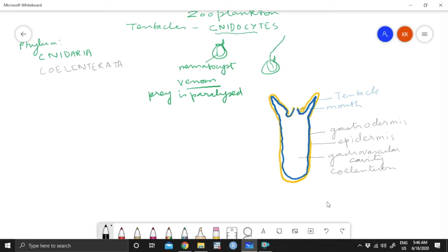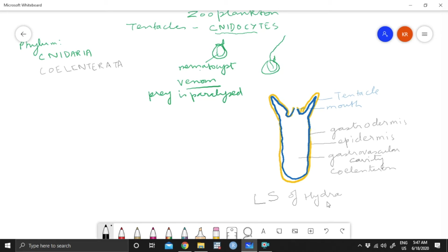Therefore I repeat once again. In this diagram we are seeing a section. What kind of a section? A longitudinal section, because we have cut the animal lengthwise. Therefore it is a longitudinal section of Hydra.